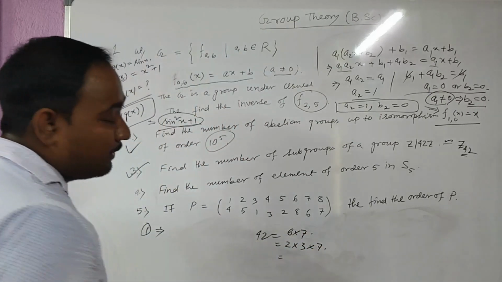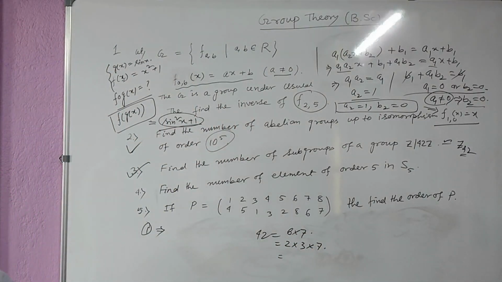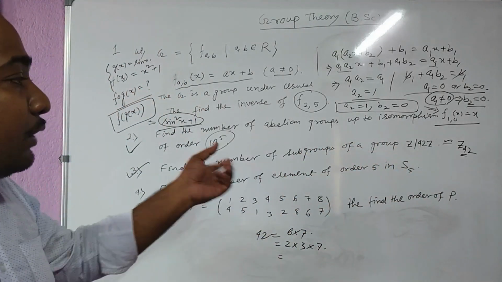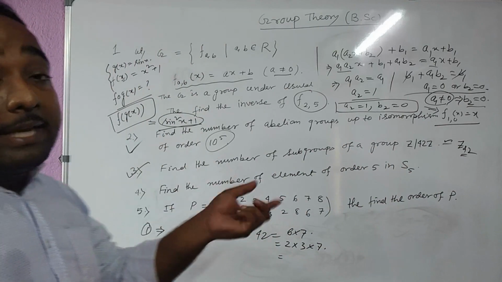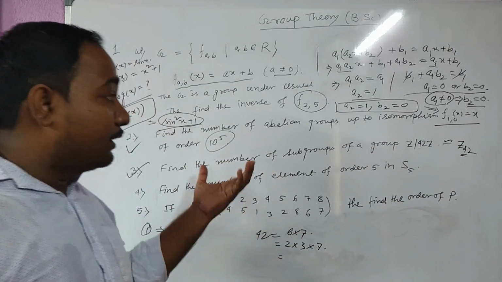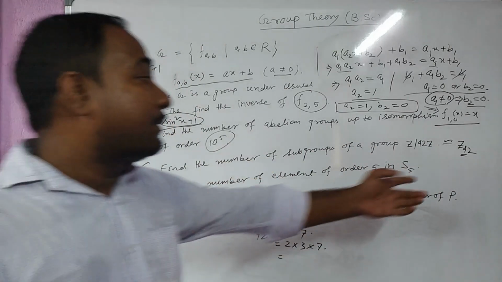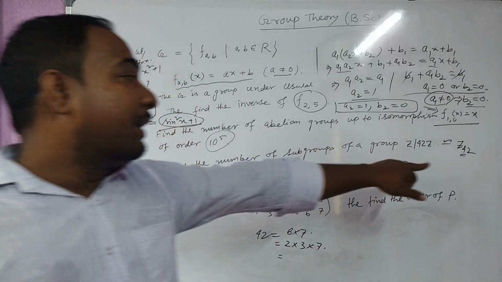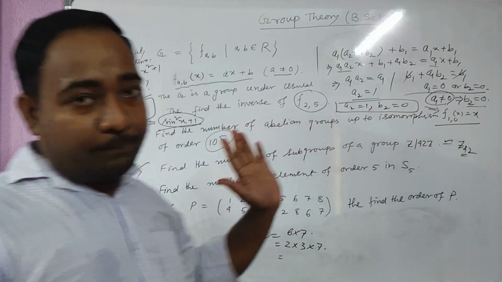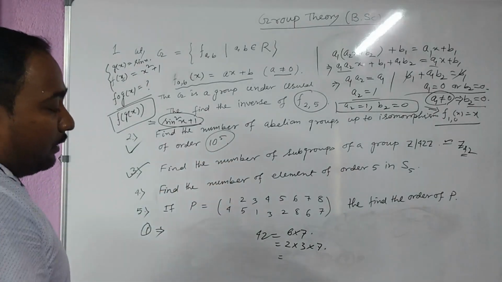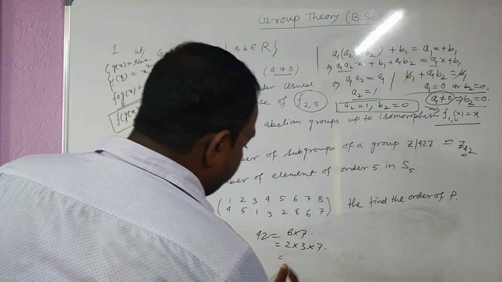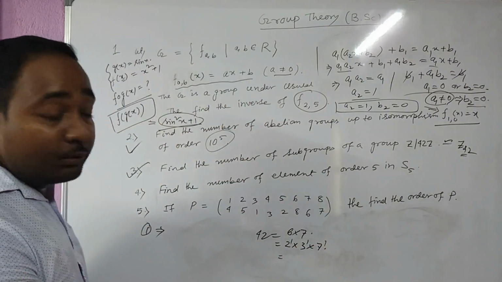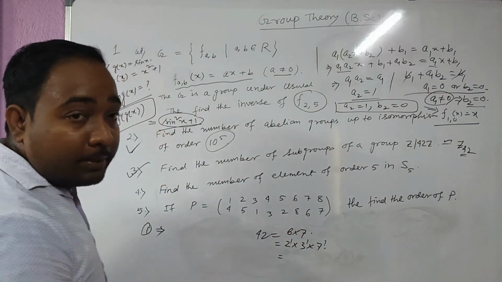Why am I finding these divisors? Because you all know that for a cyclic group, corresponding to each divisor we will have a unique subgroup, right? This is the property of a cyclic group, and Z42 is a cyclic group, and you may also check that there is an element of order 42 in this group. Now we can write 42 as 2 to the power 1 into 3 to the power 1 into 7 to the power 1.